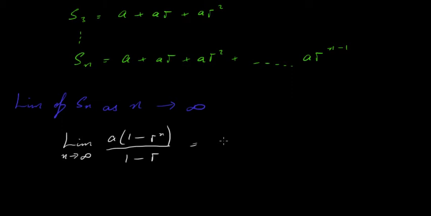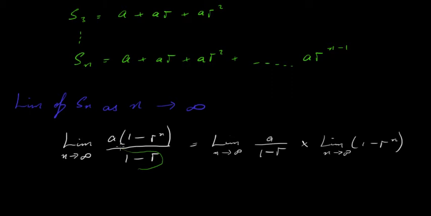Using the product property of limits, we can take this as the limit as n goes to infinity of a over 1 minus r, multiplied by the limit of 1 minus r to the power of n as n goes to infinity. So we've just separated this fraction out.